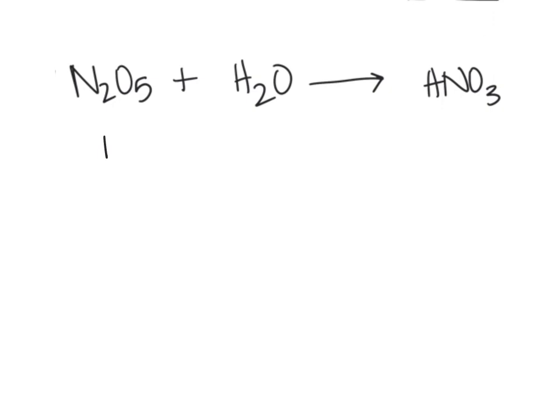So I like to write down the elements that are present on both sides, N, O, and H. Now you could create a table or something else, but we want to total up how many nitrogens we see on the left side of our equation. So based on this, we only have 2.